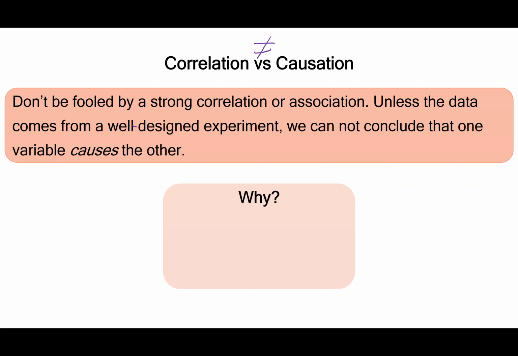We can't say that one variable caused the other to change at all. And the reason why are lurking variables. So these lurking variables, they can definitely come ruin the party, and they do. They show up in plenty of studies. Actually, they fail to show up in some studies.